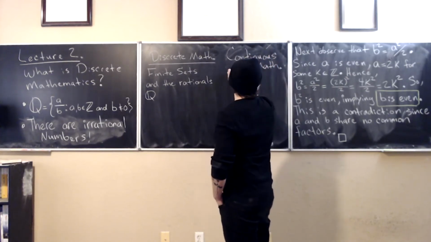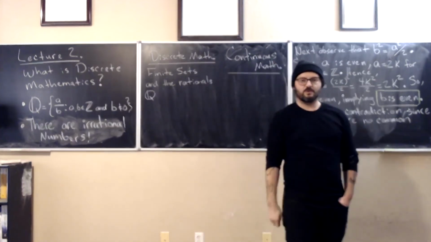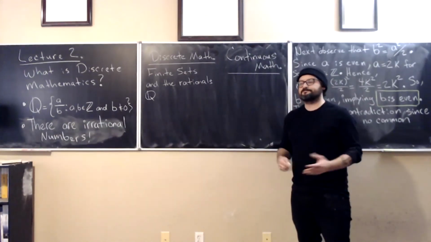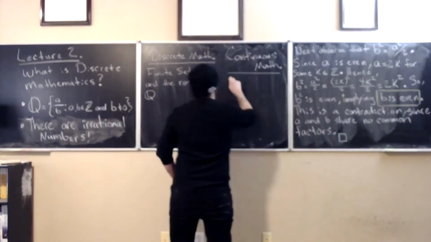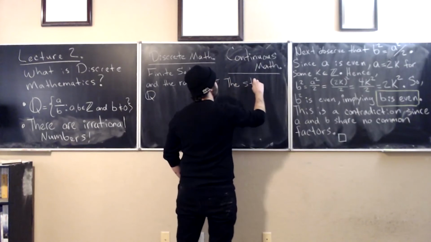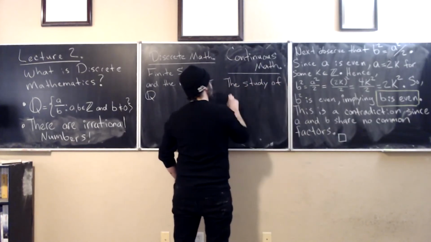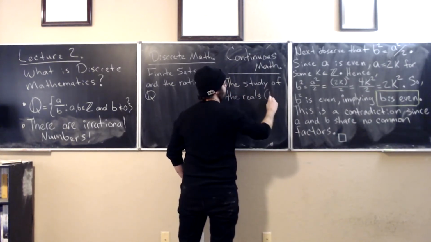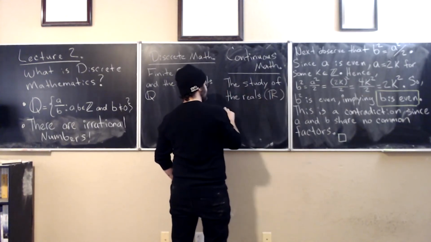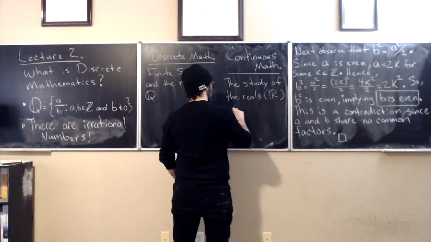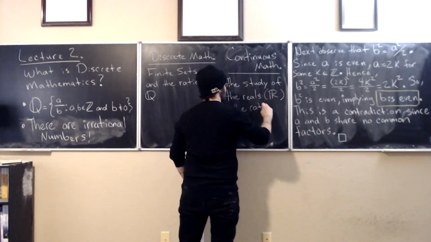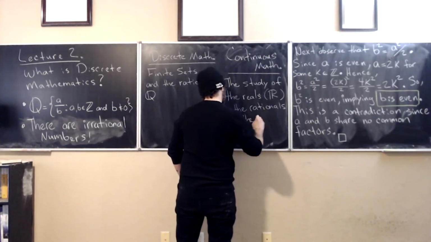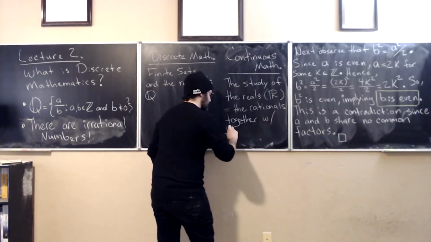So when you take a course like college algebra or trig or pre-cal, you're most definitely dealing with continuous mathematics, which more or less you can think of as the study of the reals, which is typically denoted by the fancy R, and is equal to the rationals together with the irrationals.